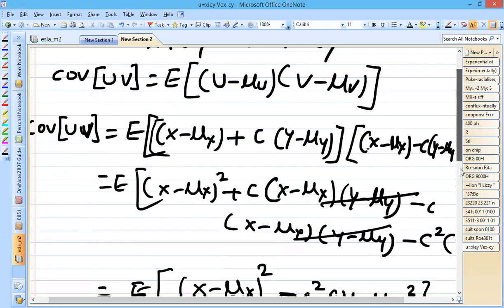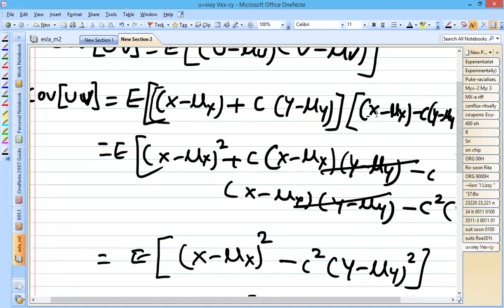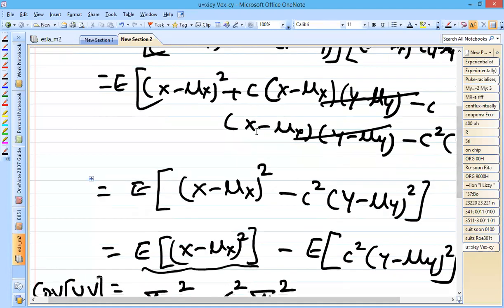You multiply x minus mu x with the whole term, and similarly multiply minus c into y minus mu y with the whole term of u minus mu u. Once you do that, the two cross terms cancel each other, and you get the covariance between u and v as the expectation of the square of the random variable x about its mean minus c square into the square of the random variable y about its mean.